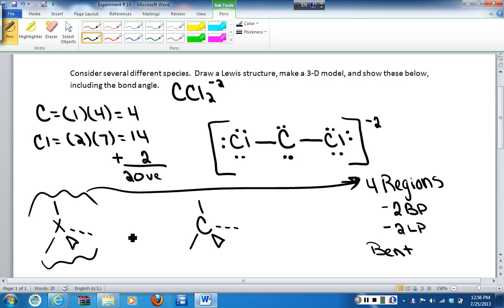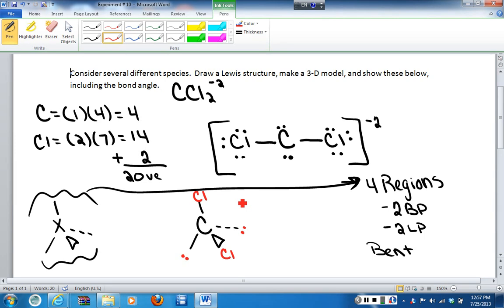Now, if we look at this structure, we know that all of these bonds are equivalent to each other, meaning it does not matter where you place the lone pairs. So I'll put 1 lone pair here and 1 here, and then put my chlorine in the remaining spots.